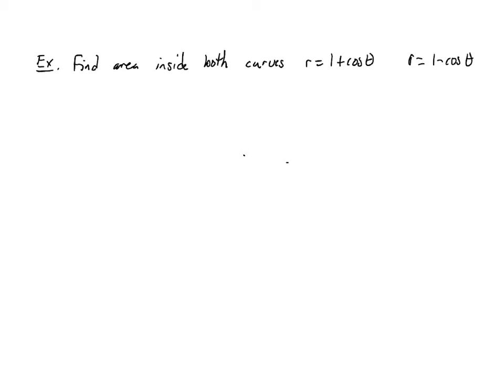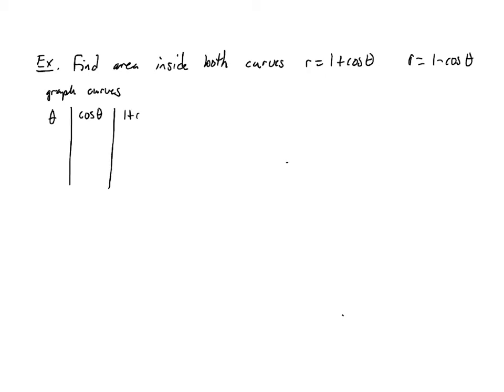Now if you go through, the first thing that you should always do in a case like this, because polar coordinates are relatively new to us, is to create a graph. So I want to graph those curves. I'll do that with a table of values in order to get a sketch going. So theta values, I'm interested in what happens with cosine of theta, either with a plus or a minus.